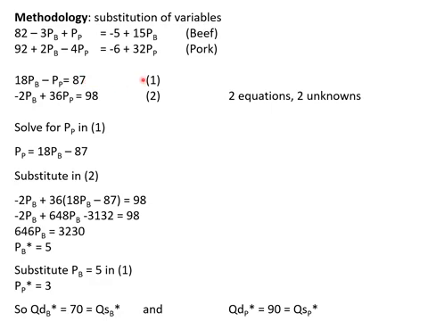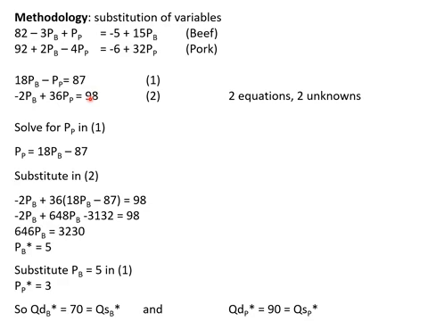So this equation 1 here is the market for beef, where we've just gathered the terms with PB and PP, and we do the same with the market for pork, and we end up with this equation 2 here. All right, so we now have two equations, two unknowns, so we can go forward now and solve.